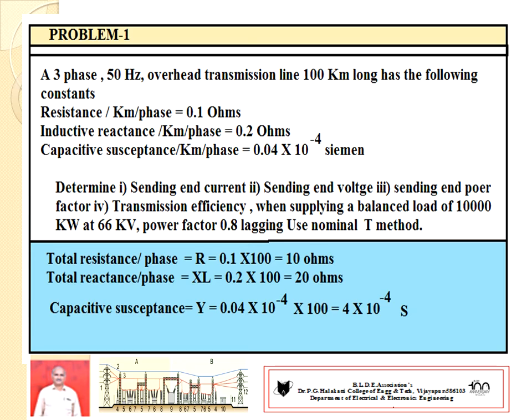Determine sending end current, sending end voltage, sending end power factor, transmission efficiency when supplying a balanced load of 10,000 kilowatt at 66 kV, power factor 0.8 lagging. Use nominal T method.